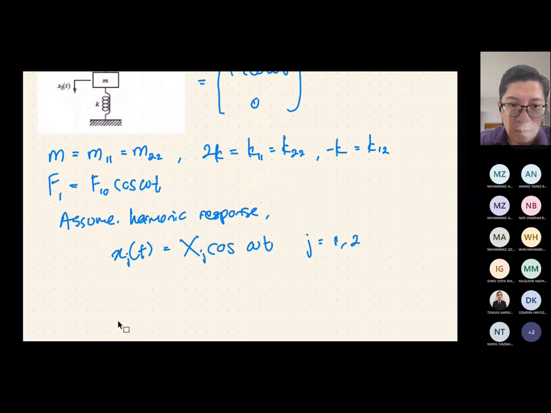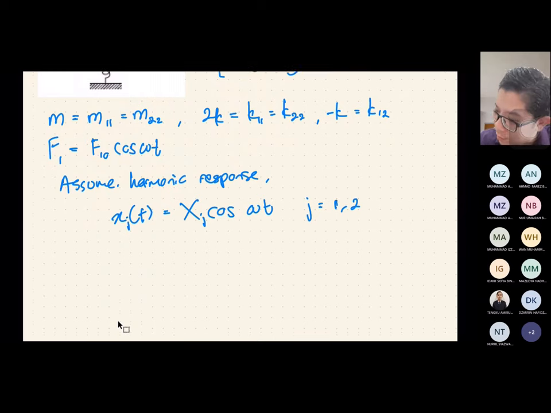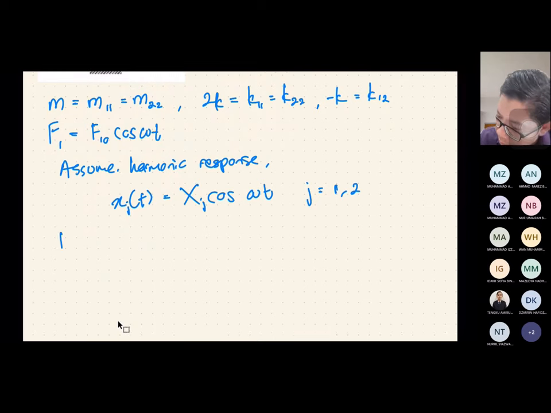Now, using the impedance method, or mechanical impedance basically.